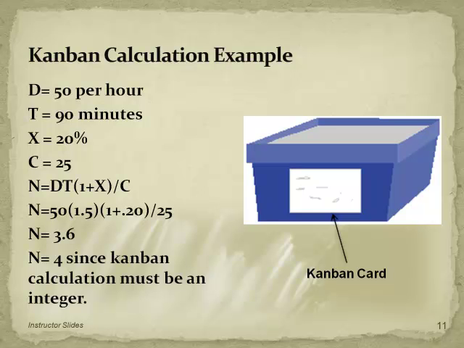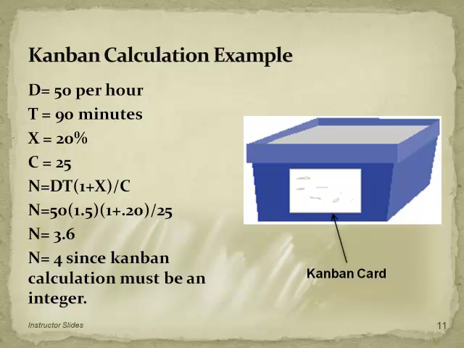And our safety stock variable is 20%. In other words, we want to have 20% more Kanban cards than what we actually need. And the number of parts that will fit within this container is 25 parts.